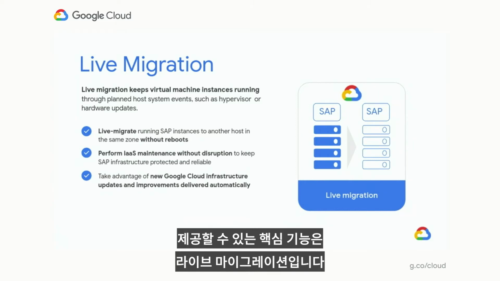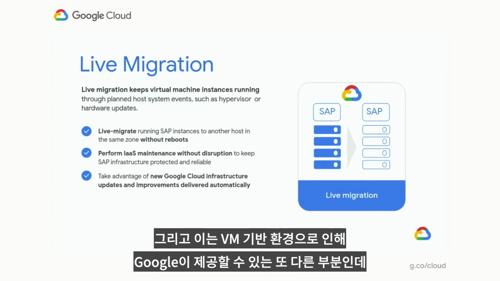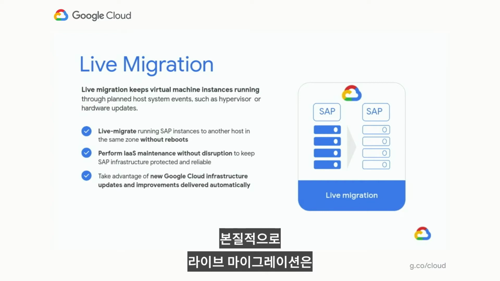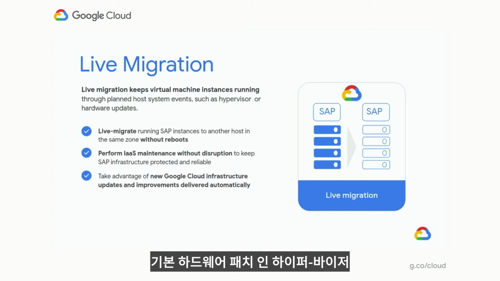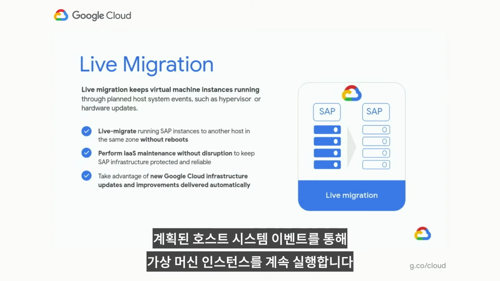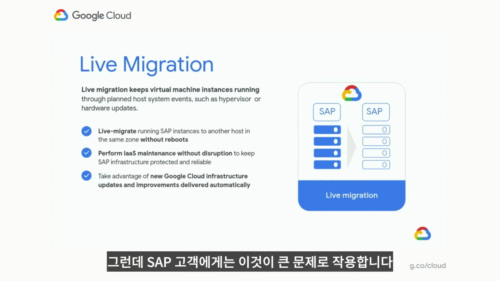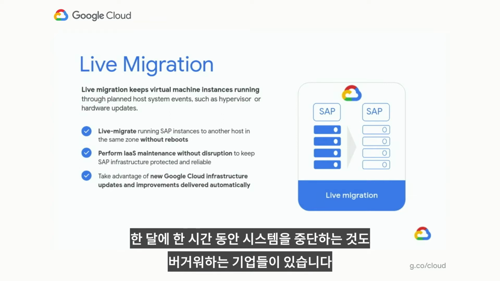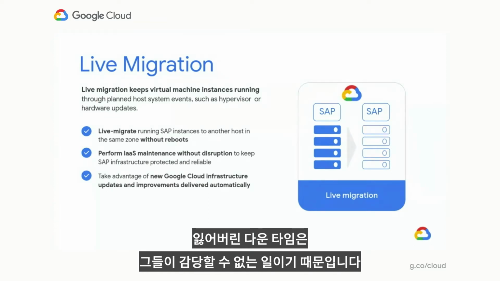So a key capability that we are able to offer in the high availability space around planned downtime is live migration. And this is another thing that we're able to offer because of our VM-based environment. Essentially, live migration keeps virtual machine instances up and running through planned host system events, like a hypervisor update, like a patch, and a basic hardware patch. And this is big for SAP customers, when some can't even afford to take a system down for an hour a month, because that lost time is something they simply cannot afford.